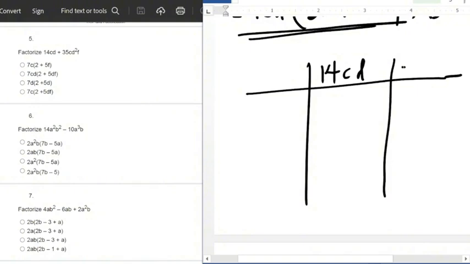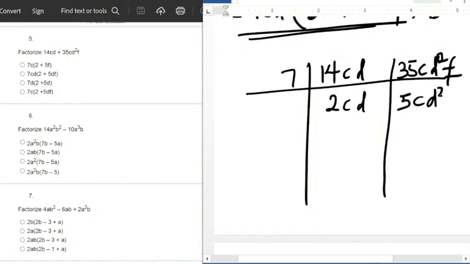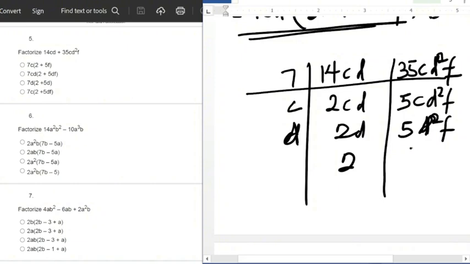We have 14CD and 35CD squared F. What can go into 14 and 35 is 7, so we have 2CD and 5CD squared F. C can go again, so that's 2D and 5D squared F. D can go again, so this remains 2, while this remains 5DF.